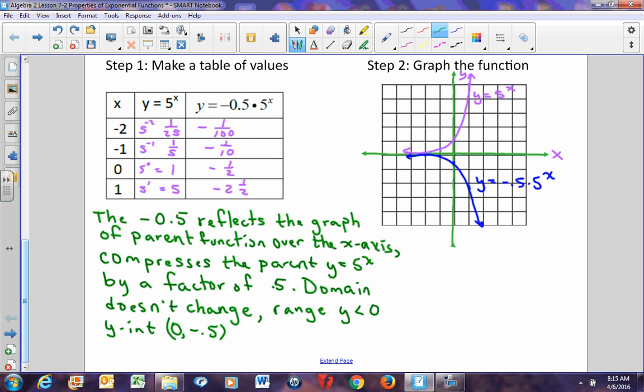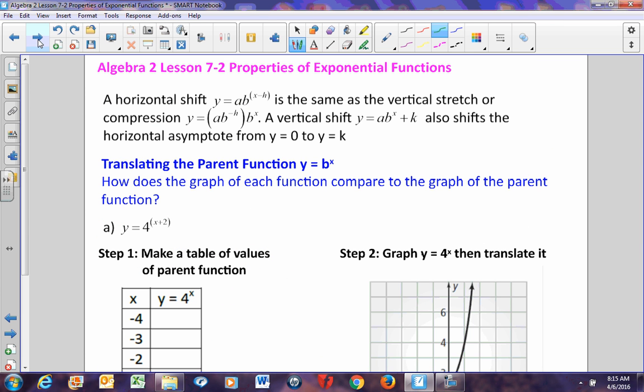Okay. All right. Now, a horizontal shift y equals a times b to the parentheses x minus h power is the same as the vertical stretch or compression of y equals a times b to the negative h times b to the x. It's kind of a weird way of writing the equation. The vertical shift y equals a times b to the x plus k also shifts the horizontal asymptote from y equals 0 to y equals k.